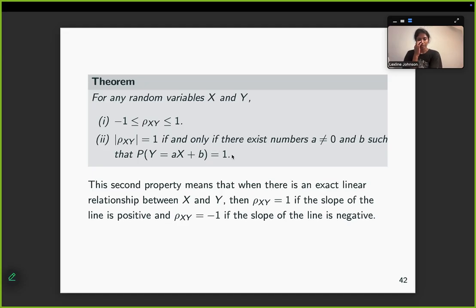And so the second property essentially means that when there's a linear relationship between x and y, then the correlation coefficient equals 1 if the slope of the line is positive, and -1 if the slope of the line is negative.